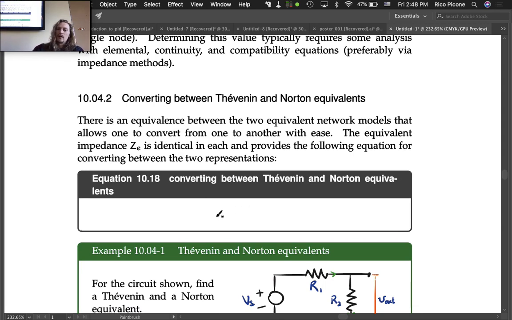The equivalent across variable is equal to the impedance times the equivalent through variable source. So if you have Norton and you want Thevenin, you can plug in FE and ZE and get VE. If you have Thevenin and want Norton, you can plug in VE and ZE and solve for FE.